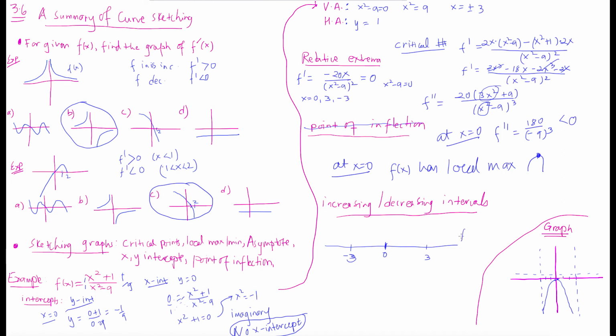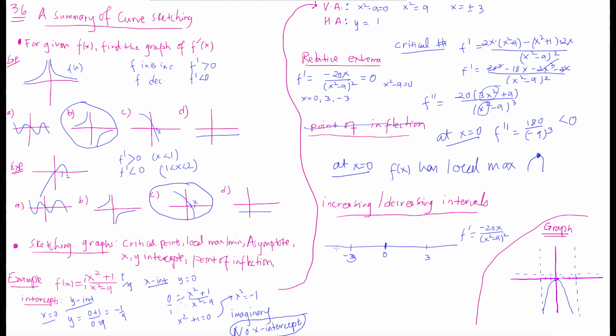F prime was negative 20x divided by (x squared minus 9) squared. Since this is squared, you don't have to plug into the denominator because you always get positive values. For any x value, the denominator is positive. You just plug in on the top.